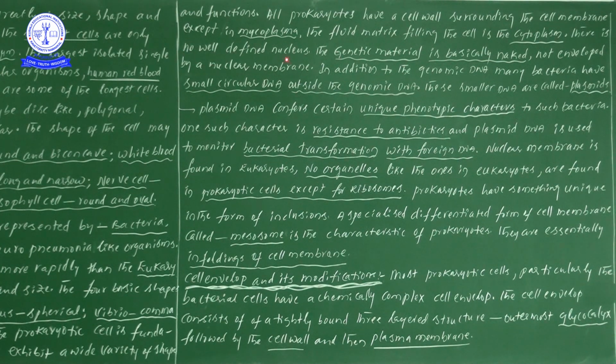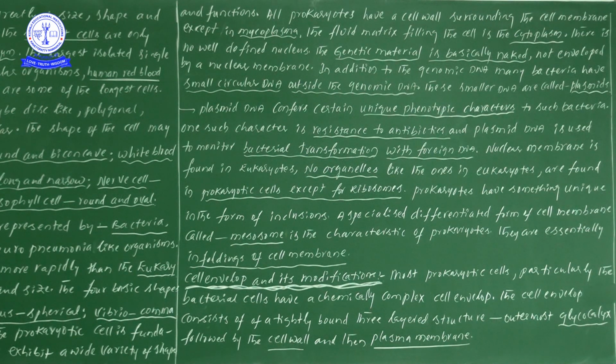A well defined nucleus means the nucleus is surrounded by a nuclear membrane. If no well defined nucleus, the nucleus is not surrounded by a nuclear membrane. Suppose the nuclear membrane is there, it is well defined. Suppose the nuclear membrane is absent, it is not well defined. Simple, save it well.